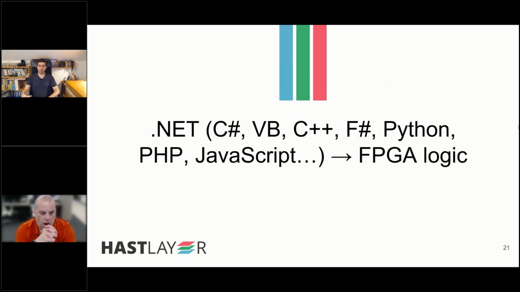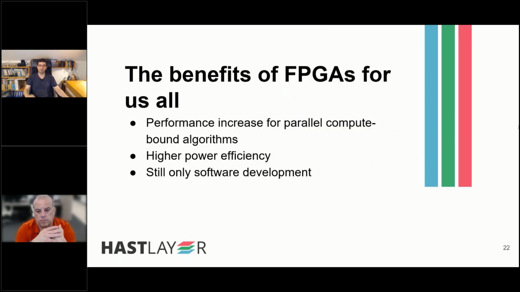We are talking about .NET programs, and actually .NET. So Hastlayer processes .NET assemblies, not C# code, but the assemblies. So that means that, at least in theory, any .NET language can be used. We have C# and F# examples in the SDK, which is up on GitHub, and I will show you the link to. But in principle, any other .NET language can be used as well.